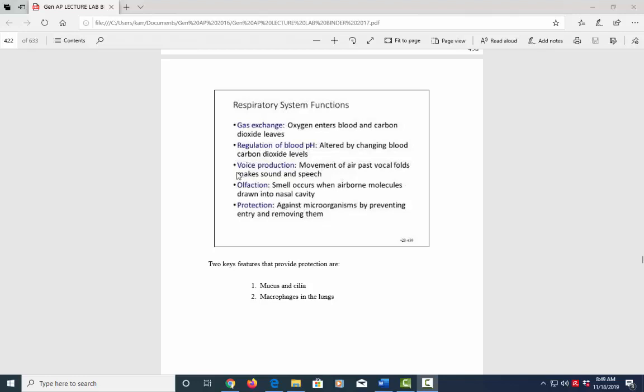Our vocal cords: as air flows from the lungs out through the vocal cords in the larynx, that produces speech. So we can talk with the help of those vocal cords and moving air past them. Olfaction, or our sense of smell, is when air in the environment enters the nasal cavity and stimulates the chemoreceptors in the mucous membrane of the nasal cavity.